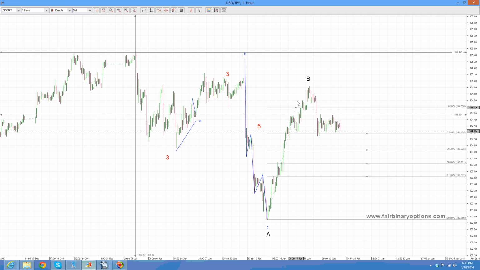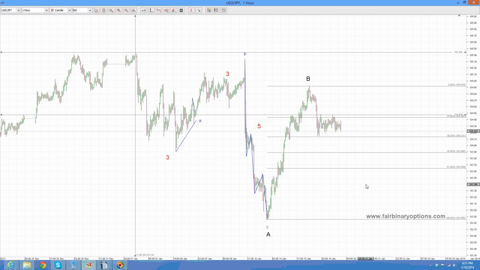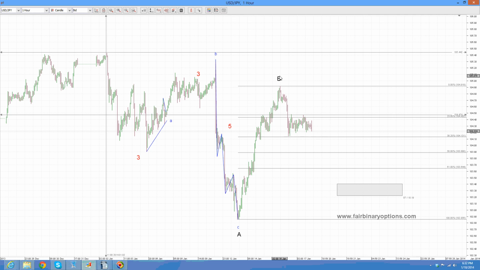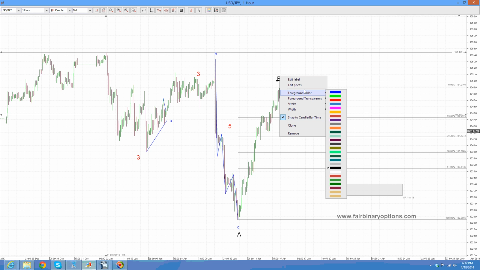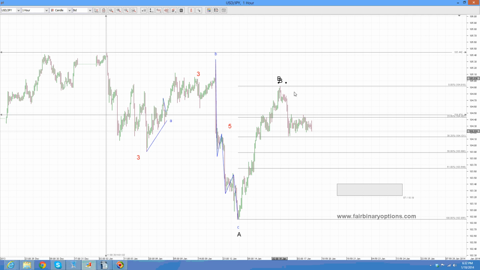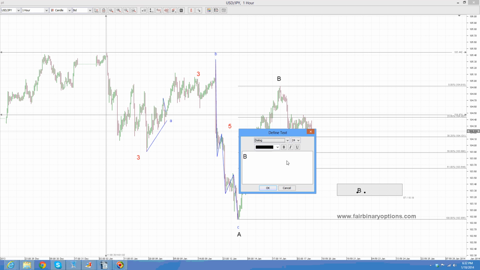From here to here, and then we are looking for price to go somewhere like 61.8, 80%. So anyways, into this area before a meaningful bounce for the next leg. So I would say that into this area we are looking for a possible C wave out of this degree.